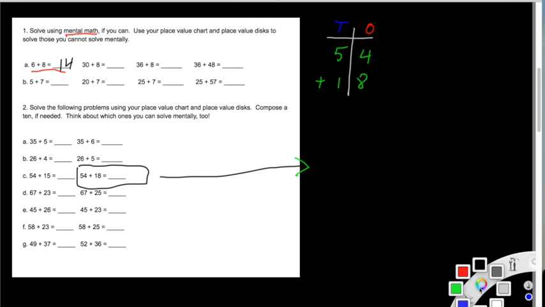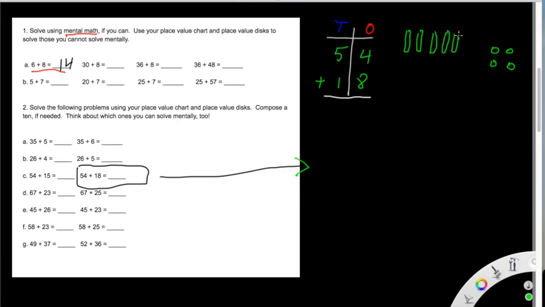All right. So first things first, on the first row, how many ones? 4 ones. 1, 2, 3, 4. How many tens on the first row? 5 tens. 1 ten, 2 tens, 3 tens, 4 tens, and 5 tens.